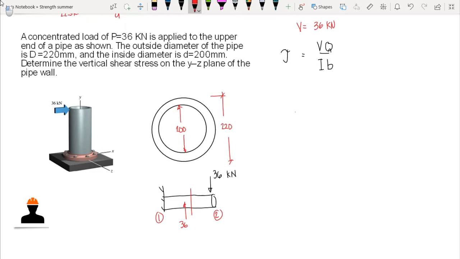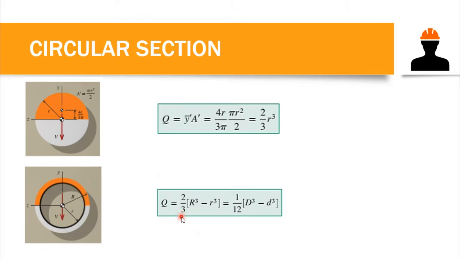Now for Q, since we have already derived the area moment of a tube, we have 2/3 (R cubed minus r cubed), or 1/12 (D cubed minus d cubed), where capital D is the outside diameter and small d is the inside diameter. The same goes for capital R, the outside radius, and small r, the inside radius.